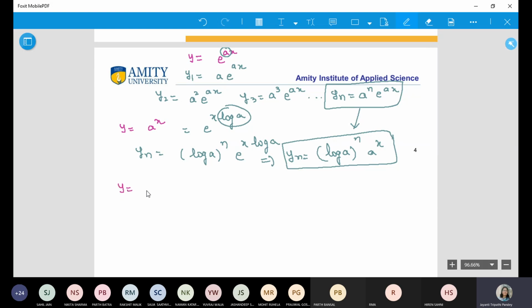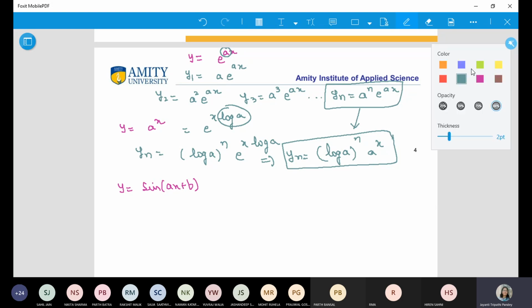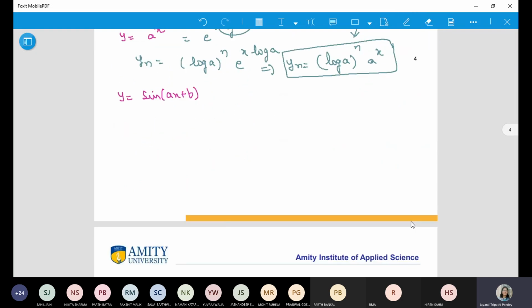Now the next function that you should know is the trigonometric function. Suppose you have y is equal to sine ax plus b. Okay. Now how to go about it? Let's try and figure it out.